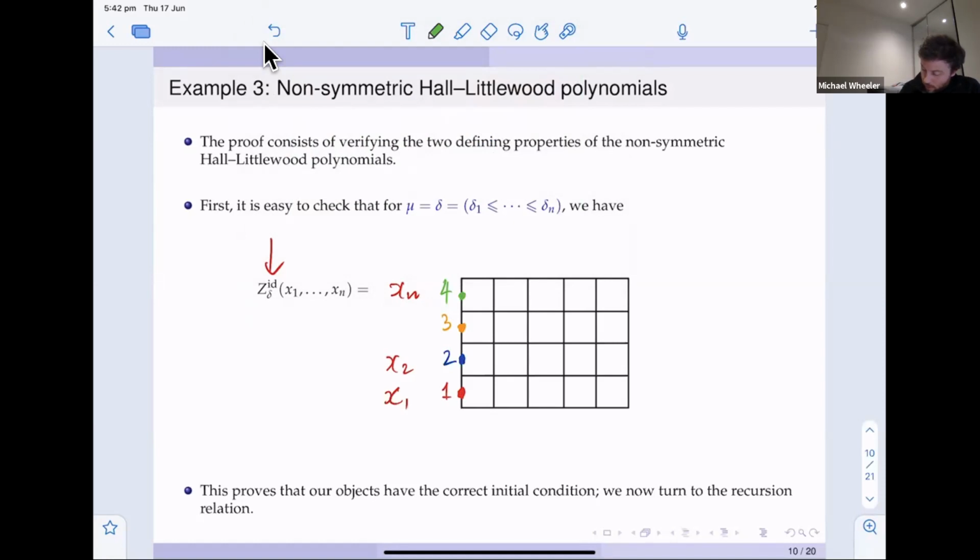Just to remind you, the path of color I is leaving at the top of column mu sub I. If you're dealing with an anti-dominant composition, that means the way that the paths go out at the top is ordered as well. So the first red dot will go out, say, at this position. Then the blue will go out next, maybe here.